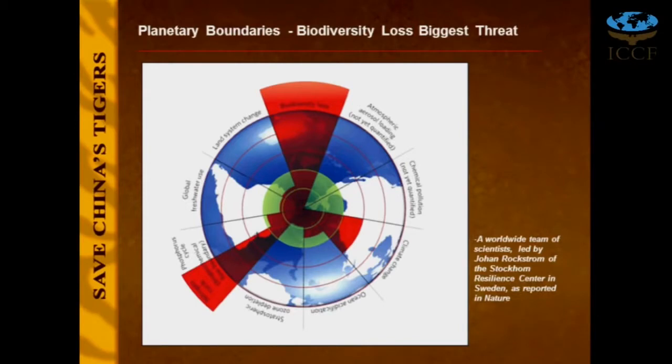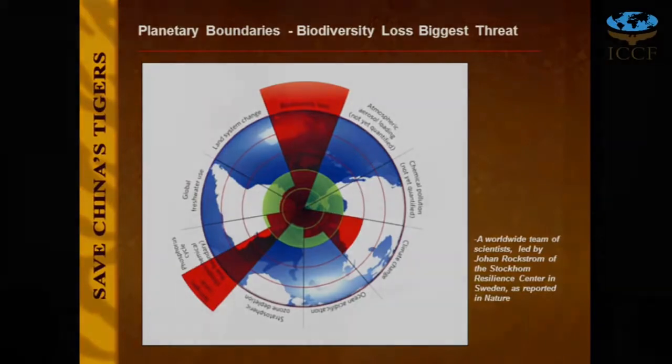In the case of the planetary boundaries that we have surpassed, the worst right now is actually biodiversity loss. The background loss of species right now is between 100 to 1,000 times more than normal.